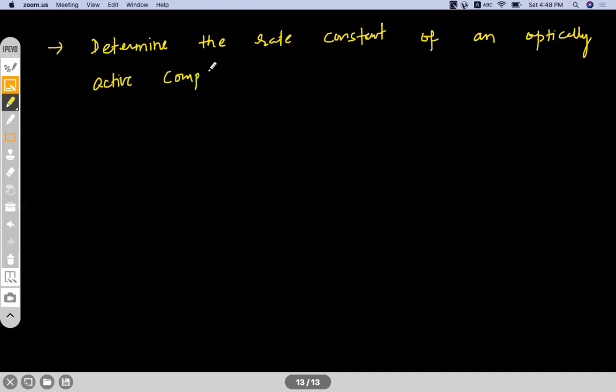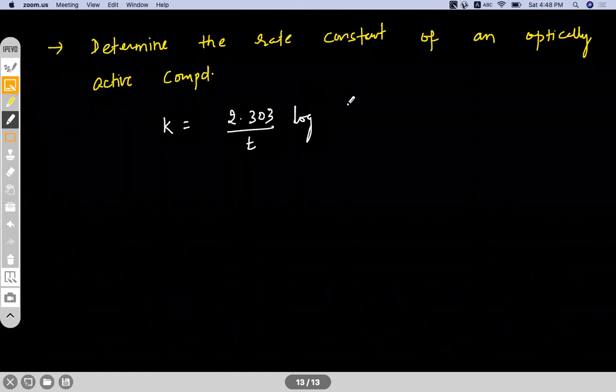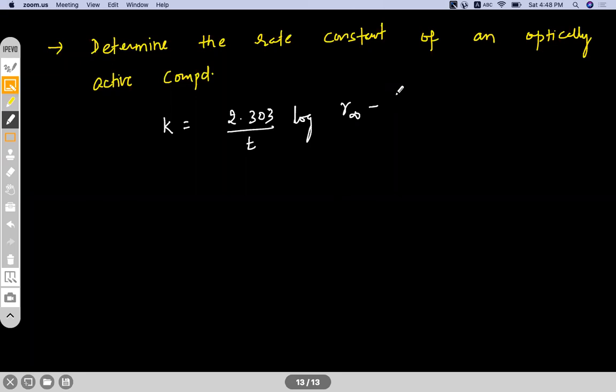Here also all data will be given, you just need to use the formula. And what is the formula? It is exactly the same as in the case of volume: 2.303 by t log of, instead of V infinity, we have R infinity minus R naught divided by R infinity minus Rt. The least important one, but yes, the formula is this.